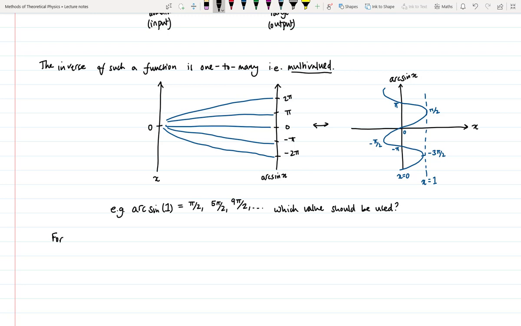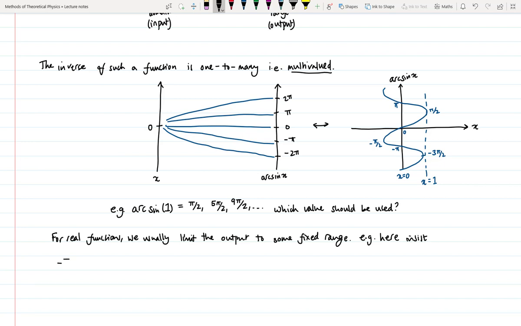Well, for real functions, to solve this ambiguity, we usually limit the output to some fixed range. For example, in this case, we would insist that the arcsine of x lies between minus pi by 2 and pi by 2.